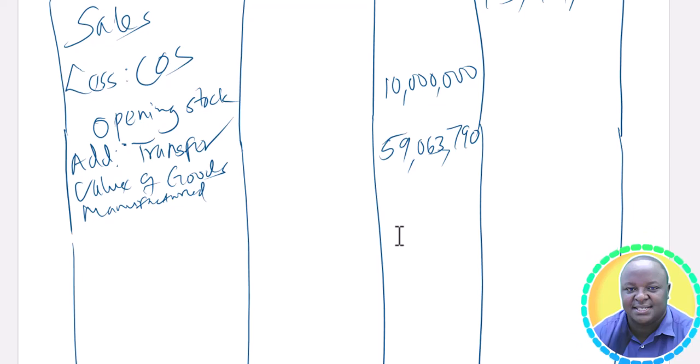So that is the transfer of goods manufactured. Then we shall get the closing stock.